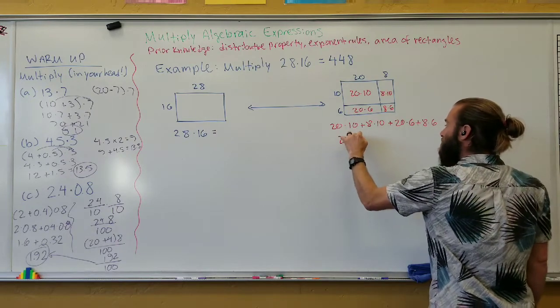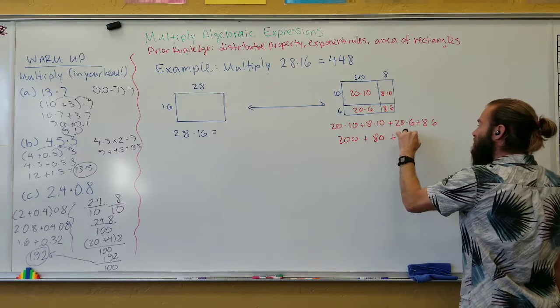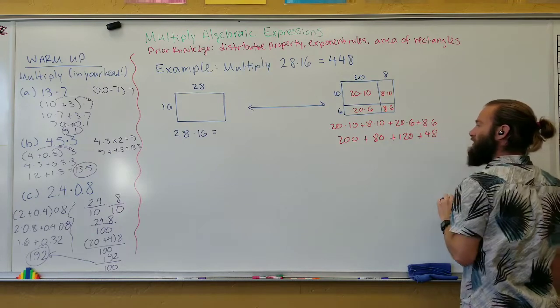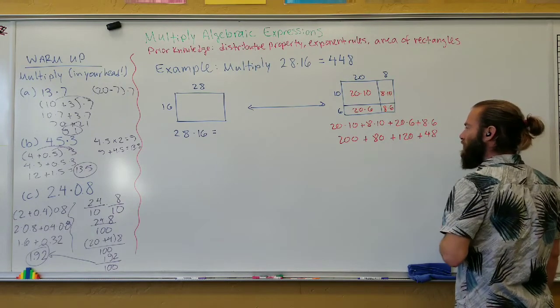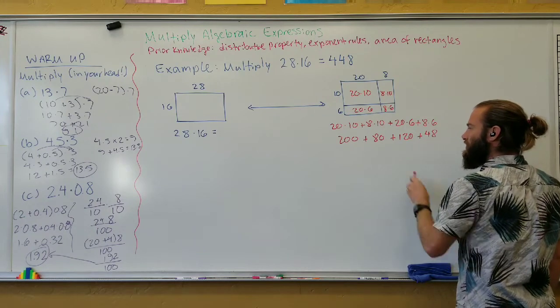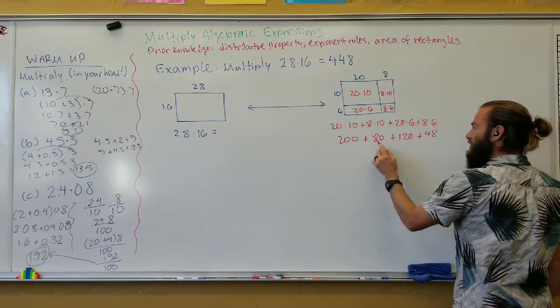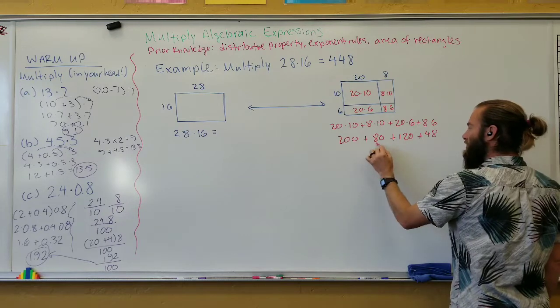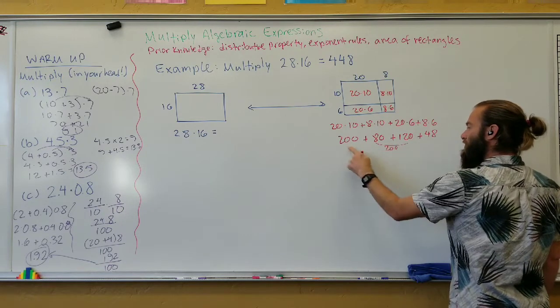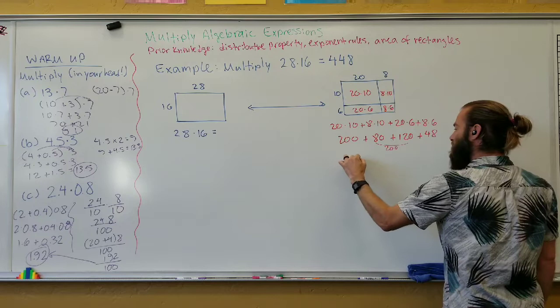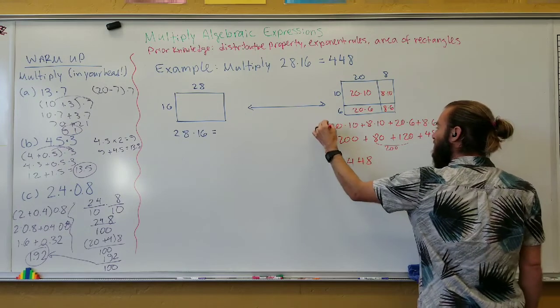And we got 200 plus 80 plus 120 plus 48. And when I'm looking at this, I actually notice that 80 and 120 makes 200. And then 200 plus 200 plus 48 gives me 448.